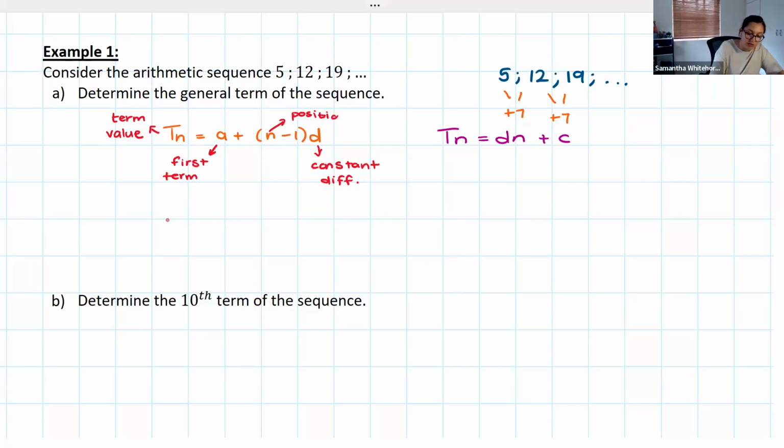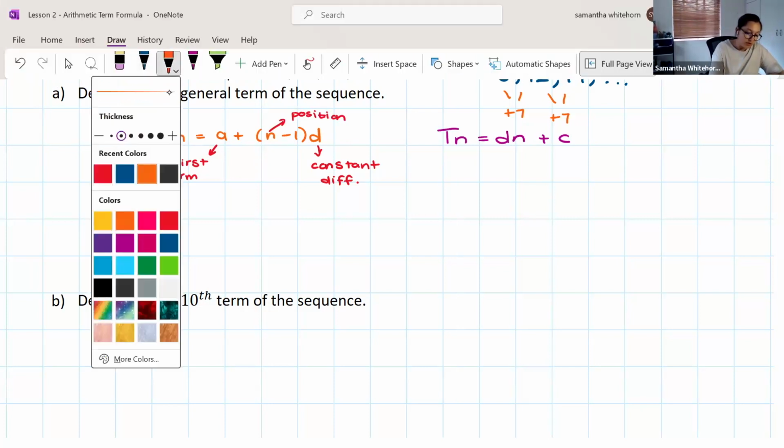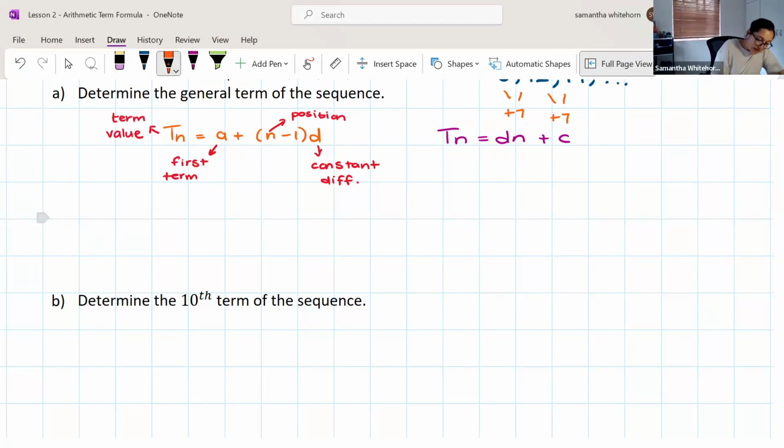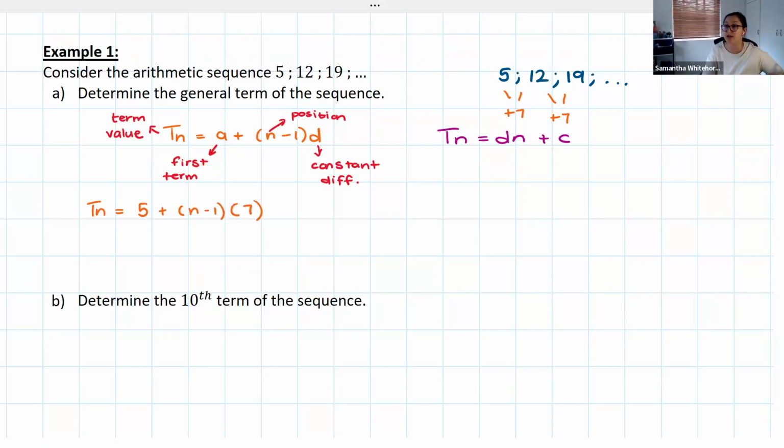So the first term, the second term, the 75th term, etc. So when we use this formula, all we need to do is substitute. So Tn is equal to A, which is 5 in this case, plus n minus 1 times my difference, which we've worked out, which is why I say always go and figure out what's going on, times 7.